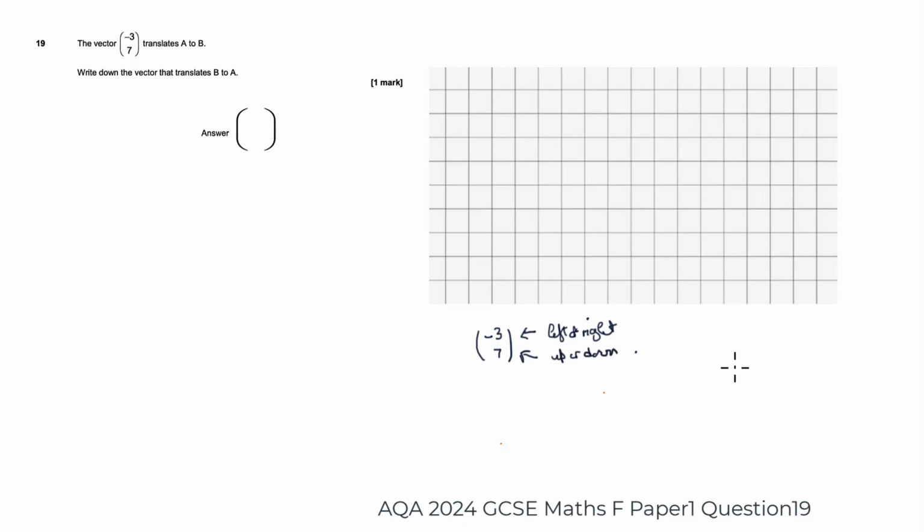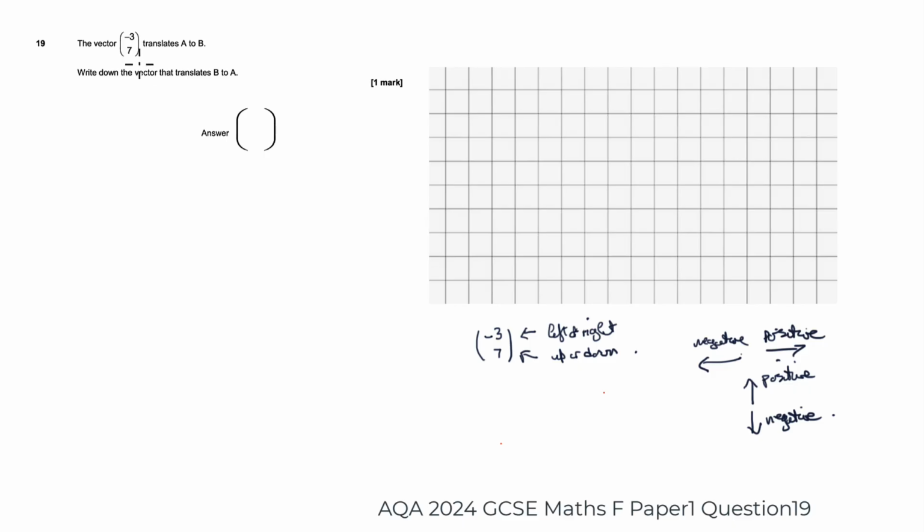Now, just as your axes, that would be negative and that would be positive if we're going left and right. So if we're looking at the first number being negative, then we would go 3 to the left. The second one being positive, well, that's an up direction. Up, down being negative.